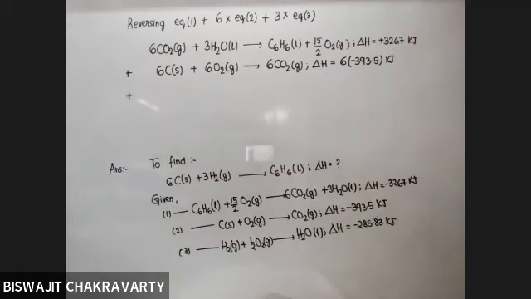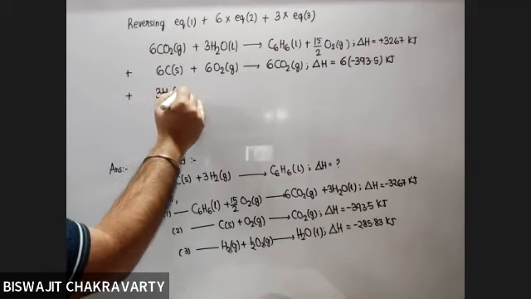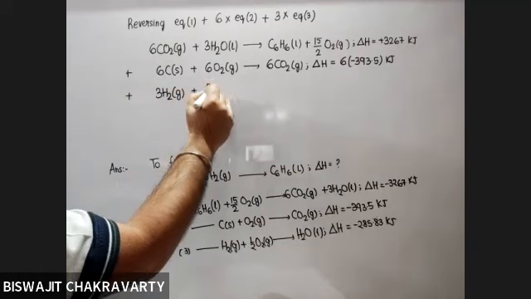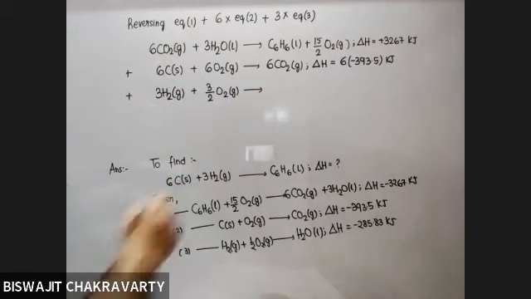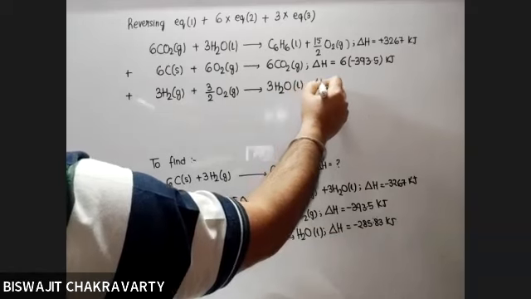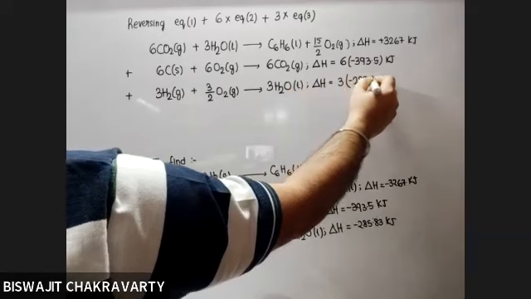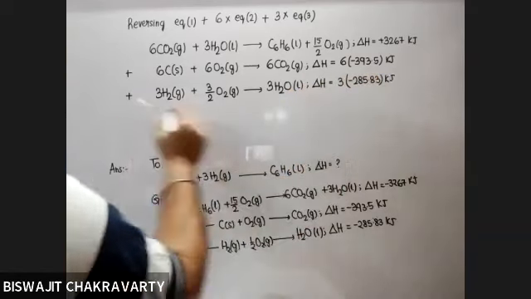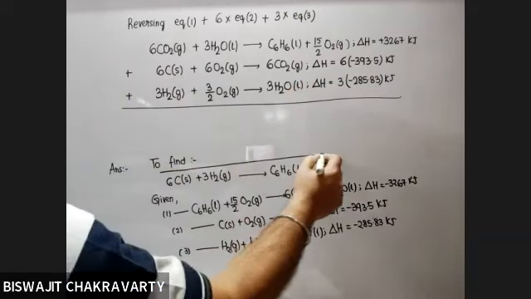Plus 3 into equation 3, add them up, and upon addition you are supposed to get this required equation.